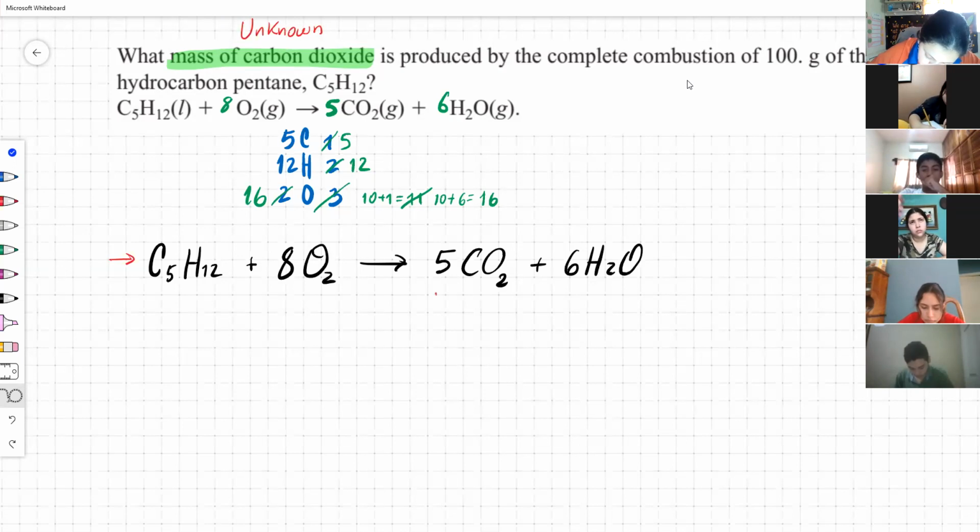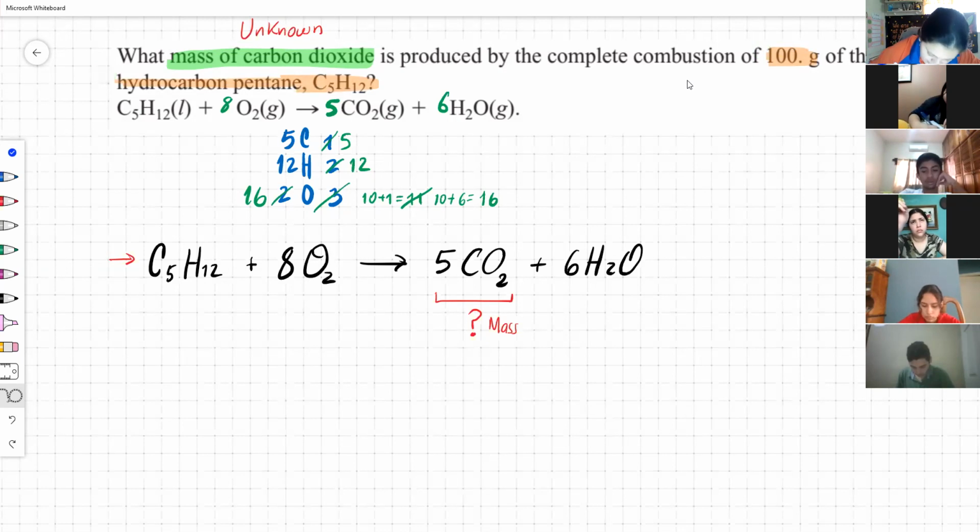So this is my unknown, okay? And I want to know the mass. It's produced by the complete combustion of 100 grams of hydrocarbon pentane. So the given in this problem is 100 grams of hydrocarbon pentane.